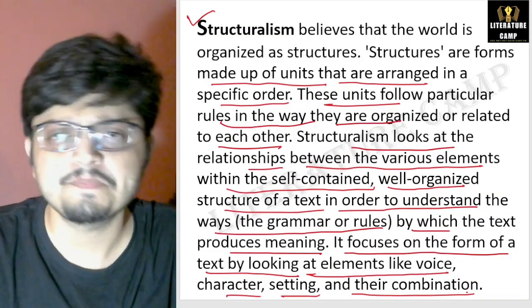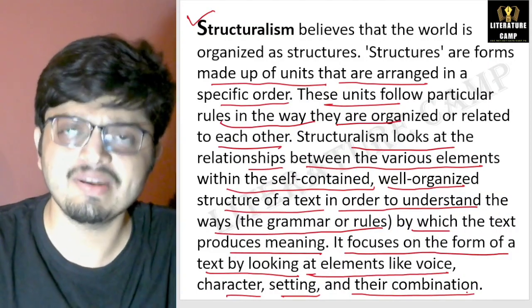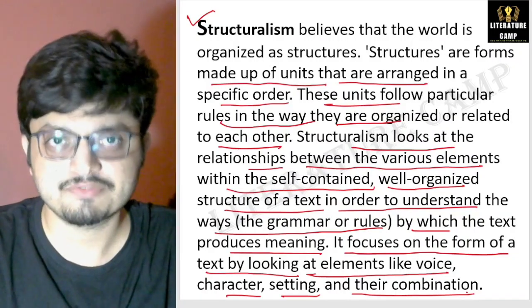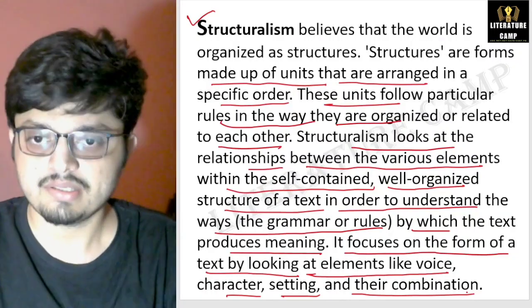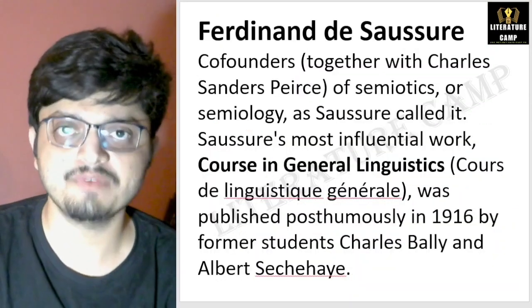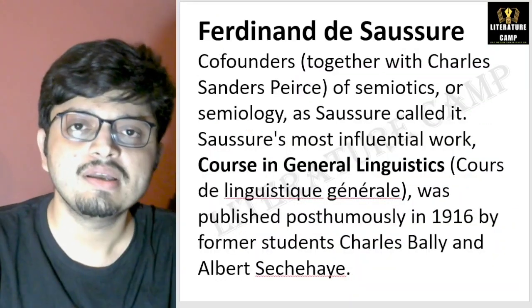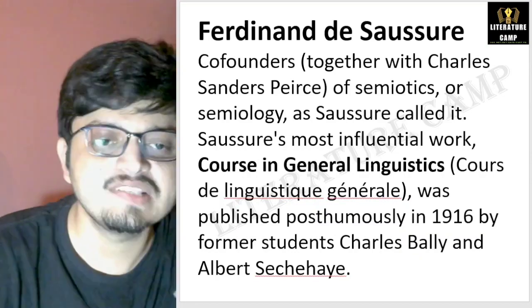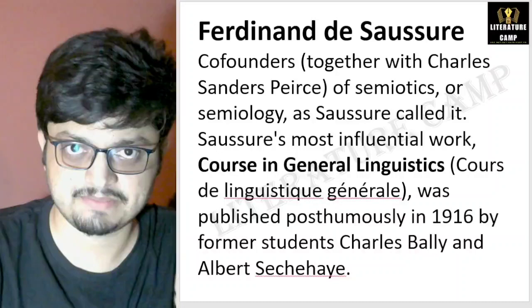So as a theory, structuralism was developed in early 20th century in France and in Russia. It is Ferdinand de Saussure, I hope you have heard his name, who gave a very unique concept of semiology or semiotics.